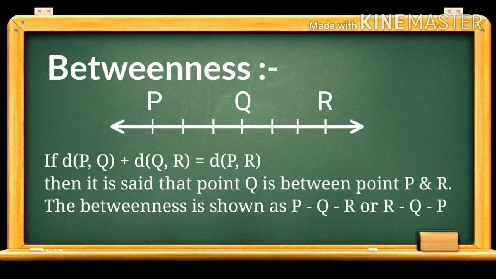If we add the distance between points P and Q and Q and R, then we get the distance PR. Then we can say that point Q is between points P and R, and betweenness is shown in this way. Now we will see some examples related to these concepts.